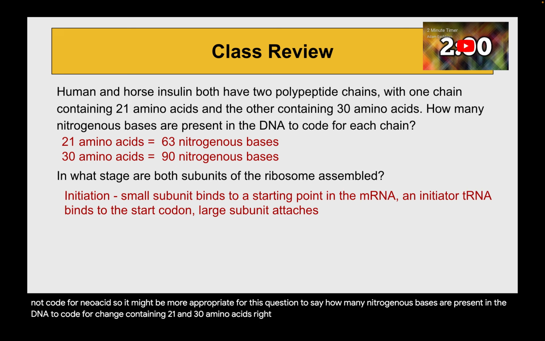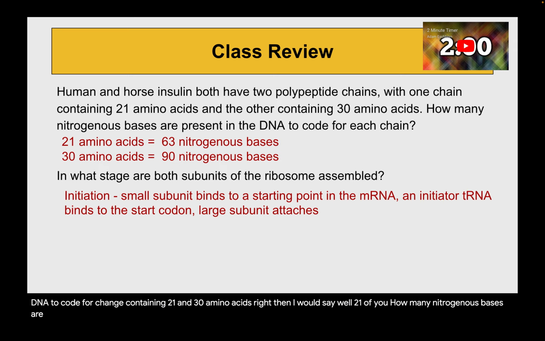Right? Then I would say, well, 21 amino acids is 63 bases, 30 amino acids is 90. But if I were to say, how many nitrogenous bases are in the DNA to code for each chain? Right? Well, I have to include my stop codon to tell translation to stop. So it would be 63 plus my 3 for my stop codon, 90 nitrogenous bases plus my 3 for my stop codon.